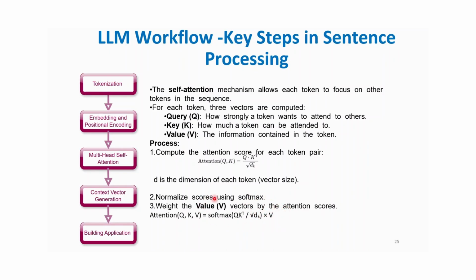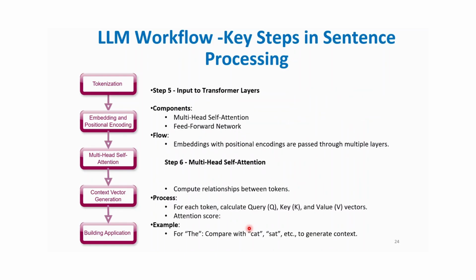When we multiply all together, we get an output. This score given for each and every word in the matrix tells us how much information that particular word has captured about the relationship between the other words in the given sentence. So that's self-attention.